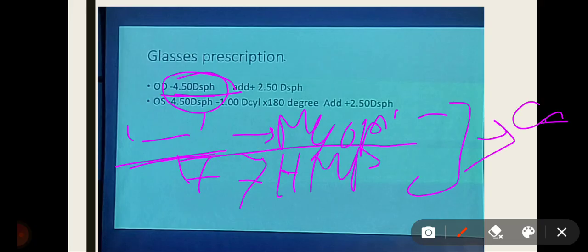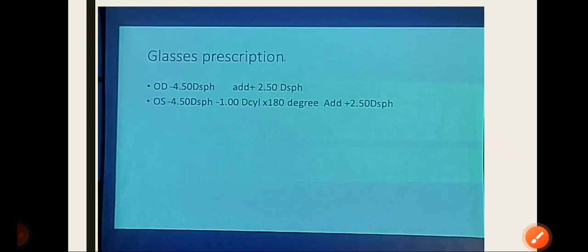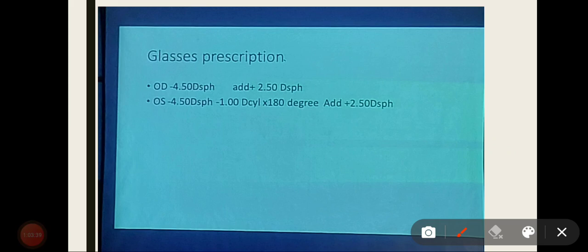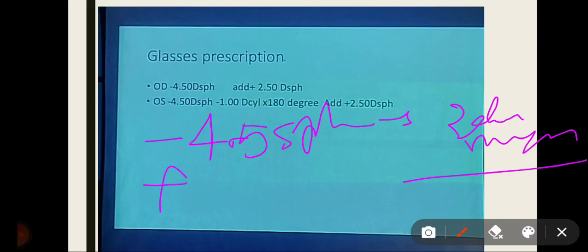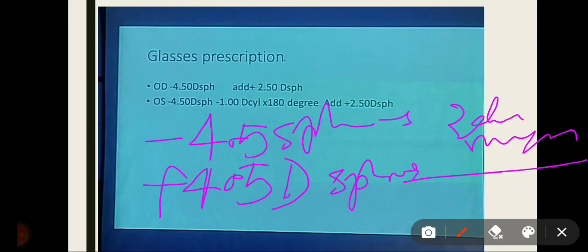So this is for the concave lens and this is the convex lens. For example, minus 4.5 spherical means 4.5 diopter of myopia. Plus 4.5 diopter spherical means 4.5 diopter of hypermetropia.